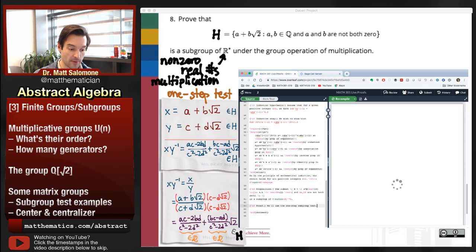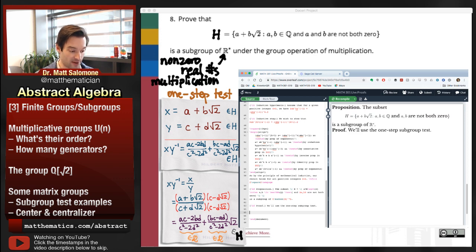So now the reader knows, if they know what the one-step subgroup test is, what the burden of proof is going to be. And the one-step subgroup test begins with the universal quantifier: for all x and y that are elements of my subset H. And so we need to eliminate that universal quantifier by using a let statement.